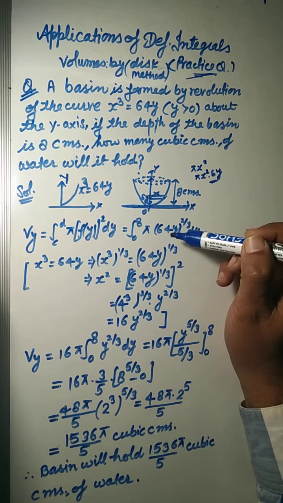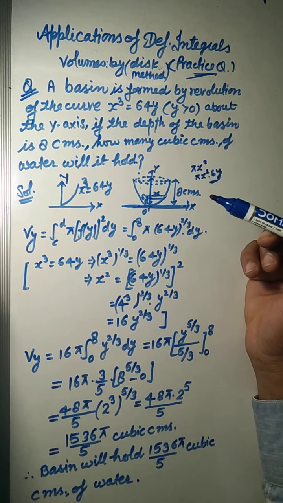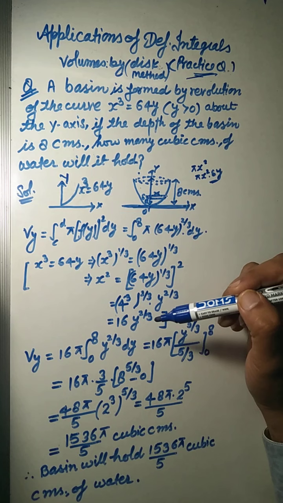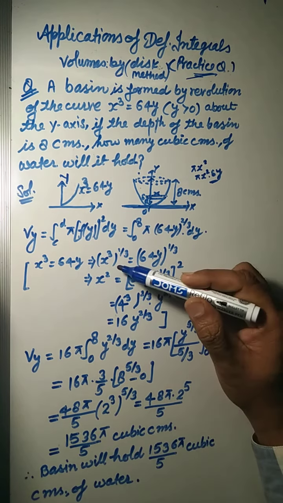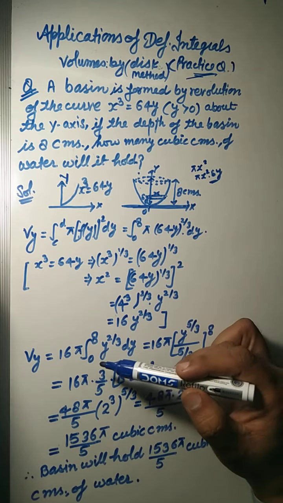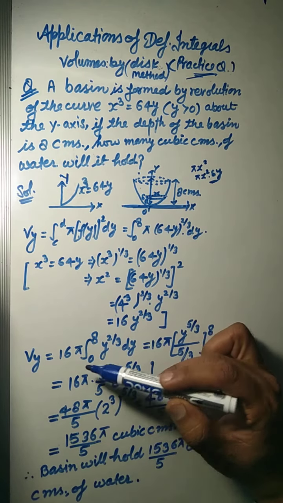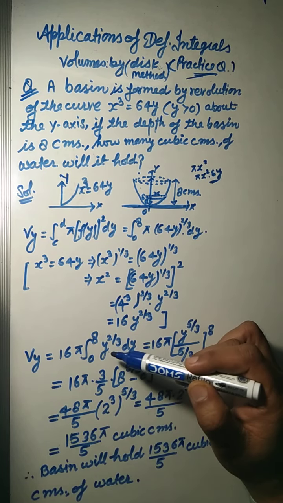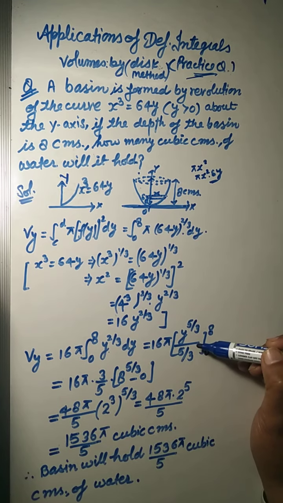integration pi, and putting this value of f(y) from the simplification of this equation, here we have it in this way. So volume around y is 16 times the integral, limit from 0 to 8, of y to the power 2/3 dy, and integration gives us this one.